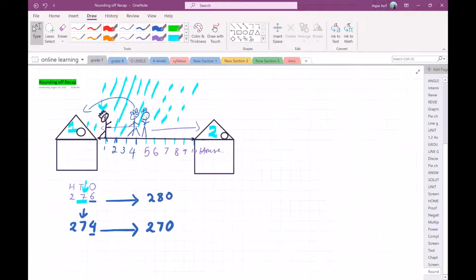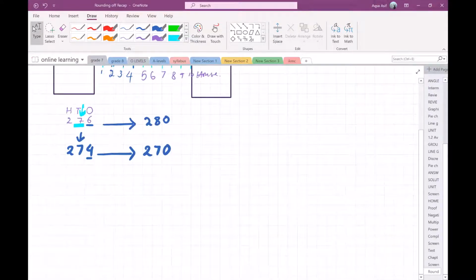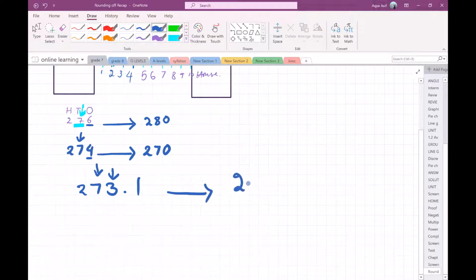Now let's take another example. If you have the number 273.1 and you have to round it off to the nearest 10, look at the next number. Is it equal to or more than 5? No, it's less than 5. So I will round this number off as 270.